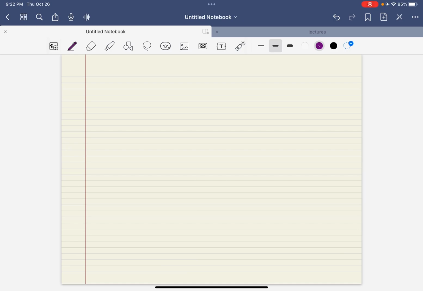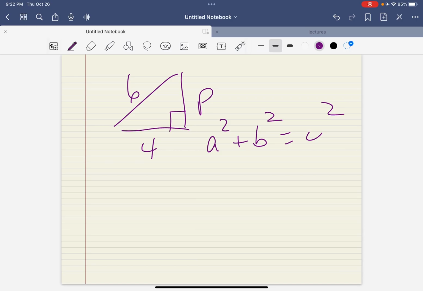Okay, the next one says, use Pythagorean theorem. 6 is the hypotenuse. So 6 has to be c squared. So p squared plus 4 squared equals 6 squared.